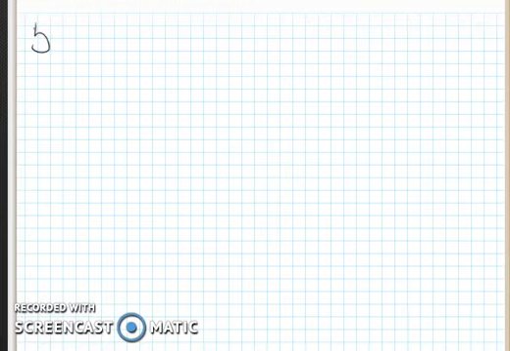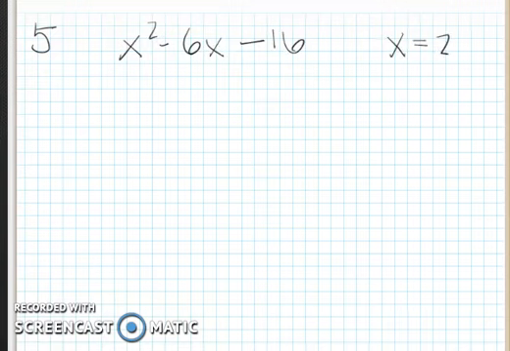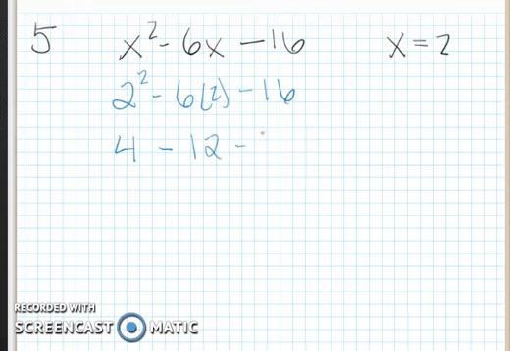Number 5, we have x squared minus 6x minus 16, and we have x equals 2. So we're going to go ahead and plug in 2 to the equation. So instead of x, we're going to get 2 squared minus 6 times 2 minus 16. 2 squared is going to give me 4 minus 6 times 2 is 12 minus 16.